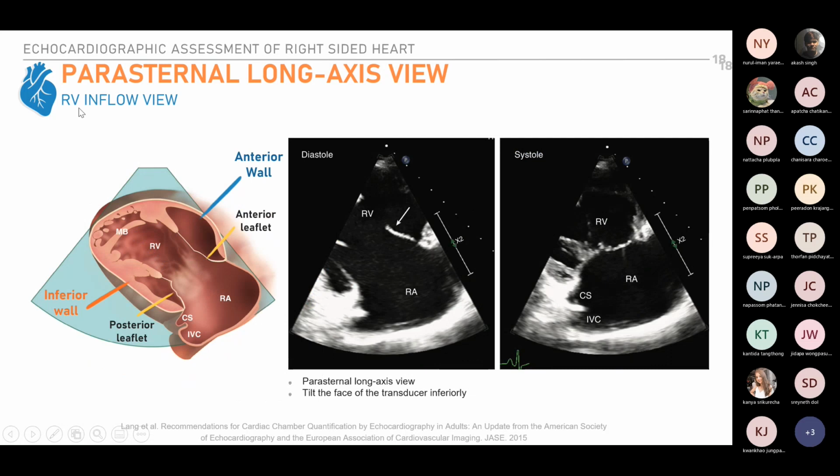So on parasternal long axis, the RV inflow view is obtained by tilting the transducer inferior and medial towards the tricuspid valve, and this view is very important to assess the anterior wall and inferior wall.